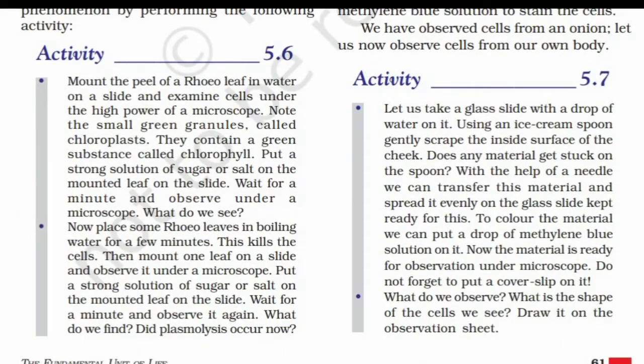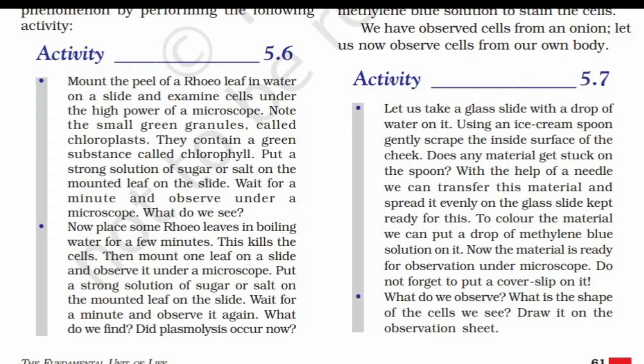Activity 5.6. Mount the peel of a Rhoeo leaf in water on a slide and examine the cells under the high power of a microscope. Note the small green granules called chloroplasts. They contain a green substance called chlorophyll. Put a strong solution of sugar or salt on the mounted leaf on the slide. Wait for a minute and observe under a microscope.